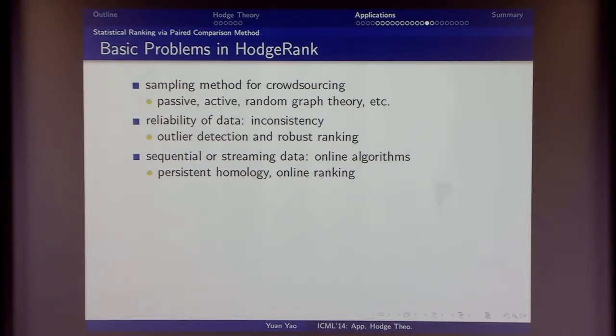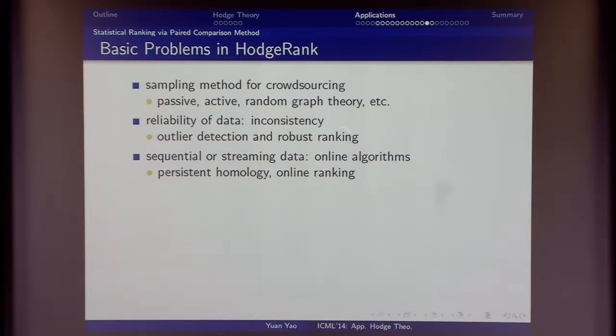And there are various kinds of problems in Hodge rank when you try to apply it to crowdsourcing studies, and I just list some of them. The first important thing is how to design the sampling scheme, and here you can use random graph theory to guide your study. The second thing is how to deal with the reliability of data, and we can develop outlier detection and robust ranking.